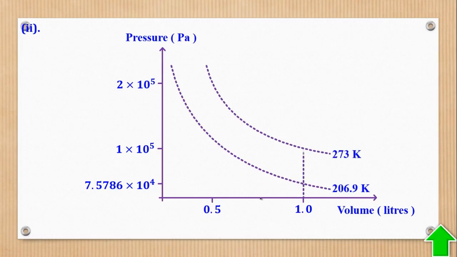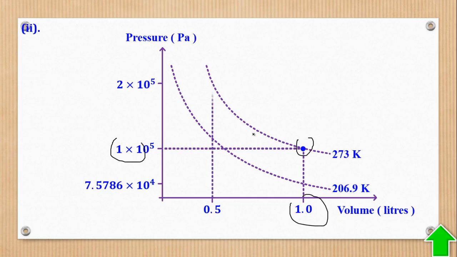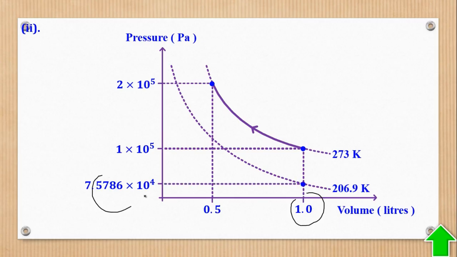Then initially we have V as 1 and P as this. So we have this point. After the compression, which is isothermal, V was this and P was this, still on the same temperature. So we shall draw that isothermal compression. For adiabatic expansion, the volume is this and the pressure is this. Therefore, we need this point, and we shall draw from here up to here. So let's do that. And that is what they wanted.